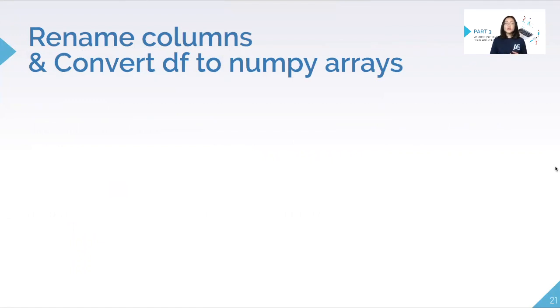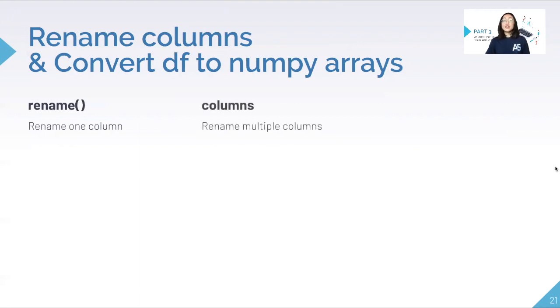And also under the scope of cleaning the data set, you have to rename the columns or convert the data frame into NumPy arrays in order to make it work. So rename is to rename your columns in order to make sure that they have a nice, correct format. And columns is to rename not only one, but multiple columns at one time.